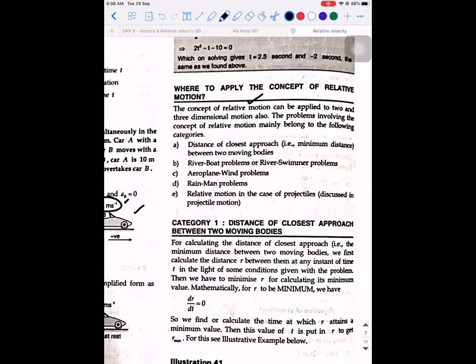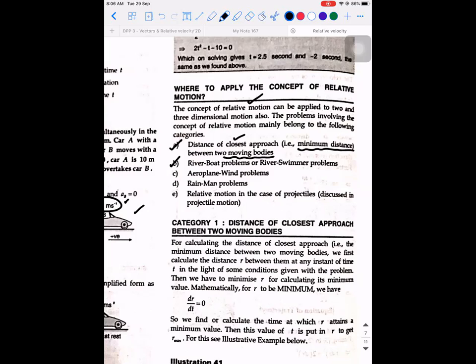Problems involving relative motion mainly belong to the following categories. The first category is distance of closest approach. That is, when you need to calculate the minimum distance between two moving objects, we apply the concept of relative velocity. How we are going to apply, we'll see later.